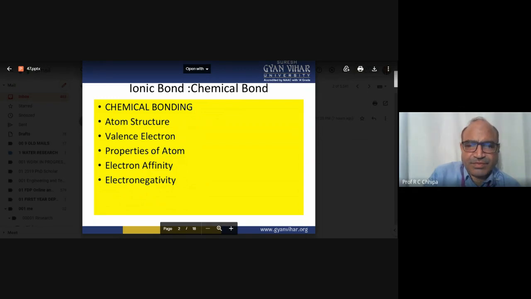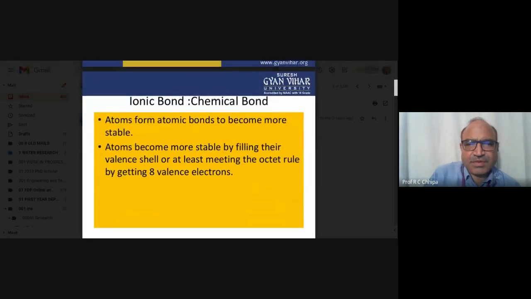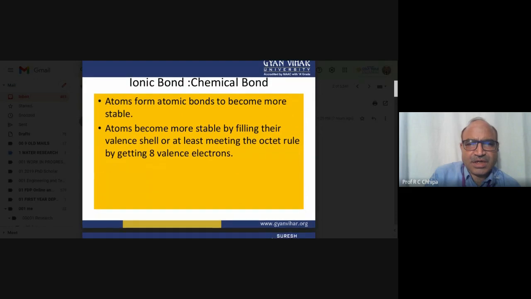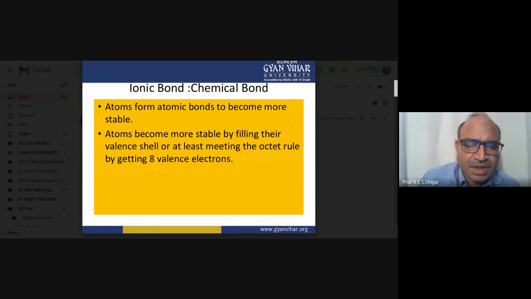So we have to continue. What is the ionic bond? For the ionic bond, we have to come back to what we discussed earlier, the arrangement of electrons in a molecule.